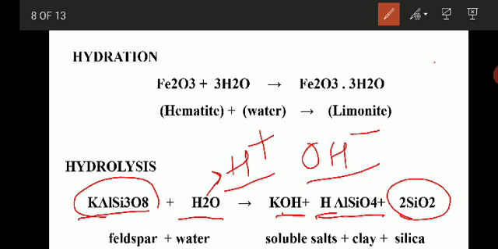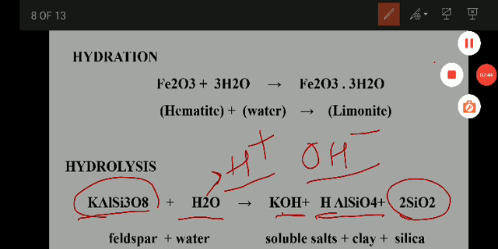So this is what happens in hydrolysis, splitting of the ions, an exchange of ions. This process involving exchange of water ions, H plus and OH minus, is called hydrolysis. So this is the first process of chemical decomposition or chemical weathering, that is hydration and hydrolysis.